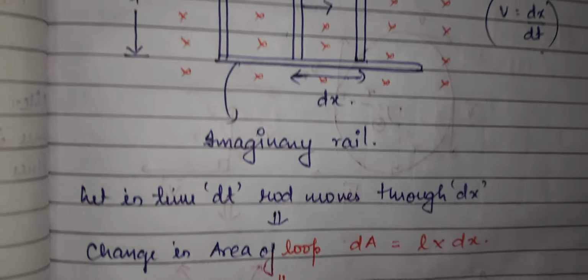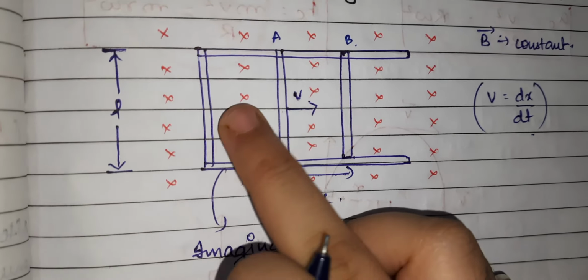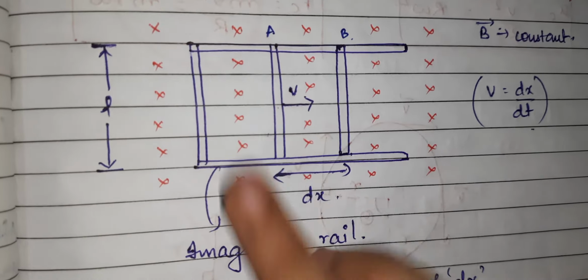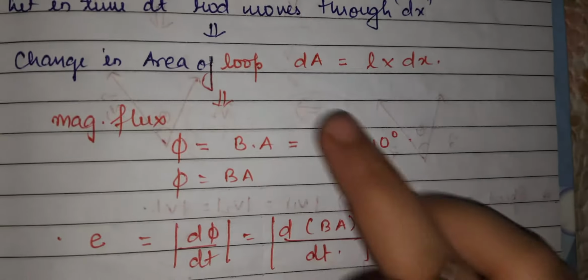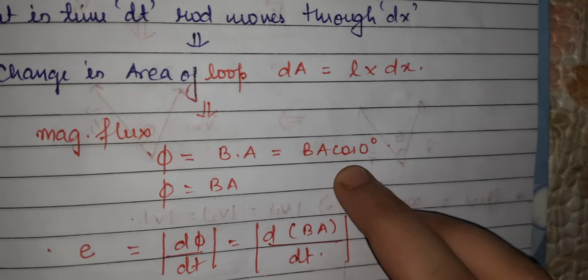The area vector is always perpendicular to the surface, and the magnetic field lines are also going inside the copy, so the angle between B and A is 0 degrees. So cos 0 gives flux equal to BA.